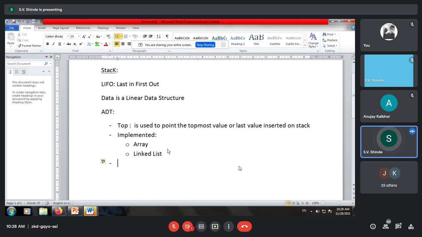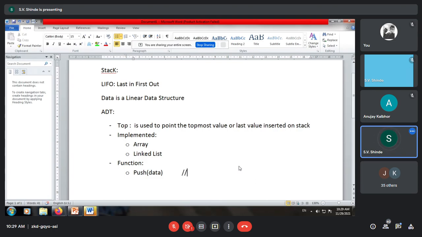Now another thing is it must have some functions. So the functions which are involved in stack. One of the functions is first push, and push what? Data. So one of the methods that is used is called push.